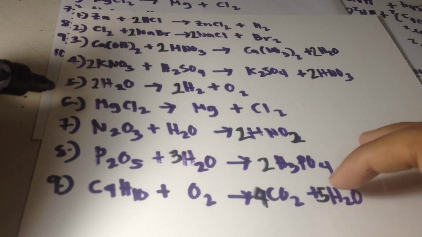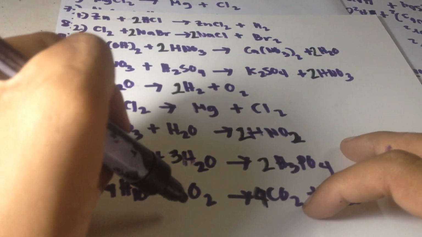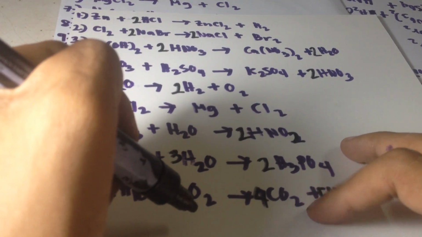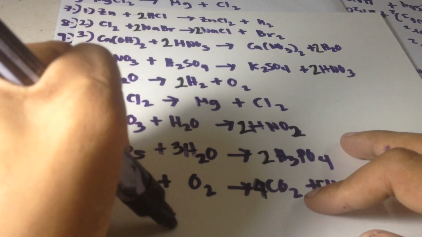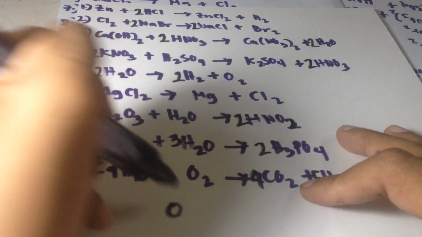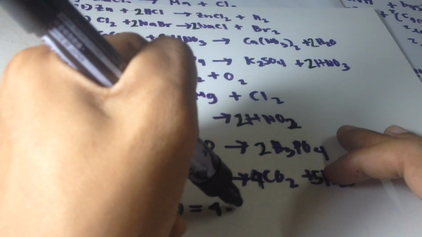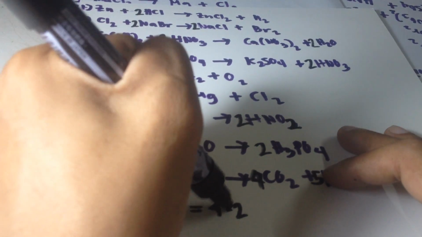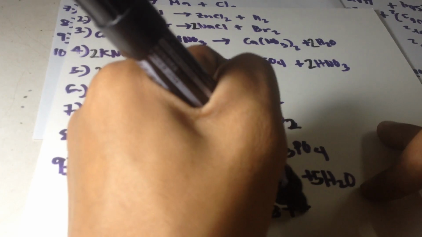So 4 times 2 equals 8. So in oxygen, 4 times 2 equals 8 plus 5 times 1, which is 5.